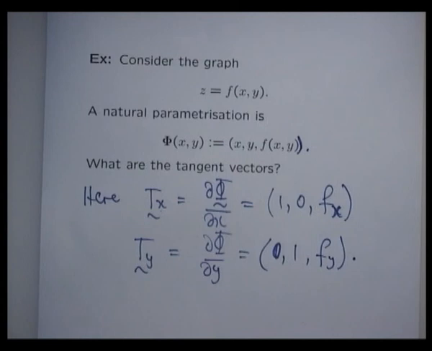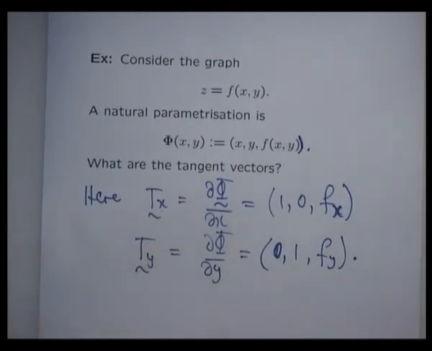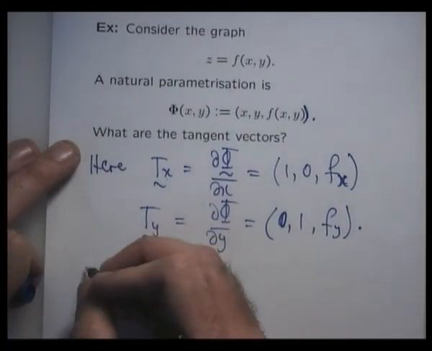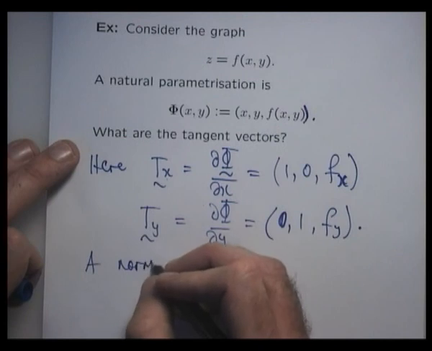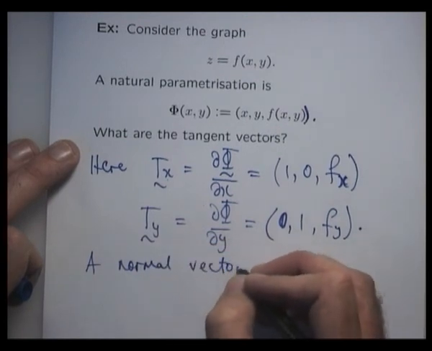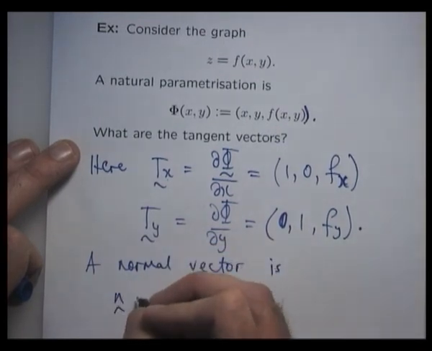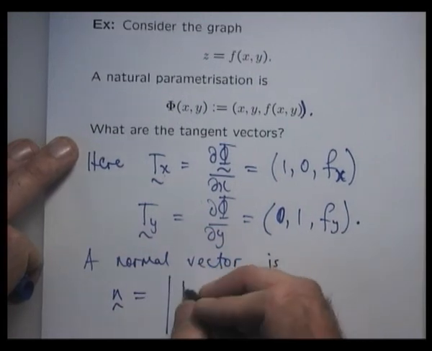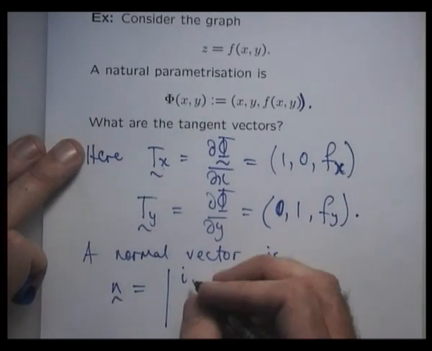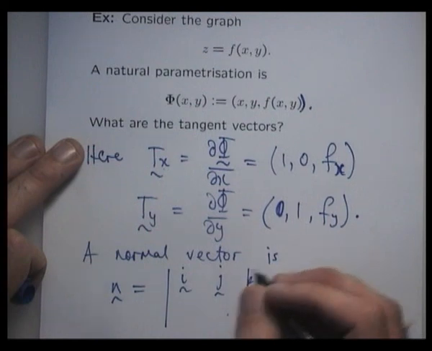Once you have the tangent vectors, if you want to, you can produce a normal vector. If you did do that, you'll get something a little like this.